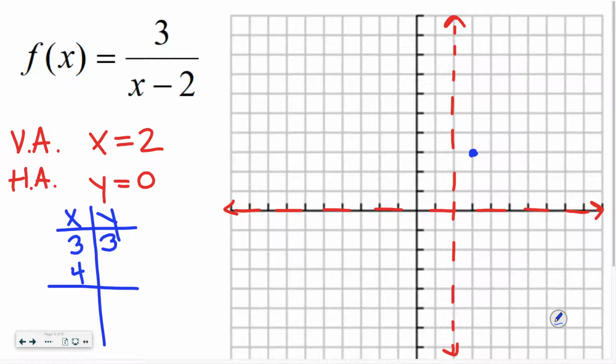If I plug in 4, I have 3 over 4 minus 2. Just 3 halves, right? Okay, we have 2 points, and we know that we have a smooth curve that should approach our asymptotes.